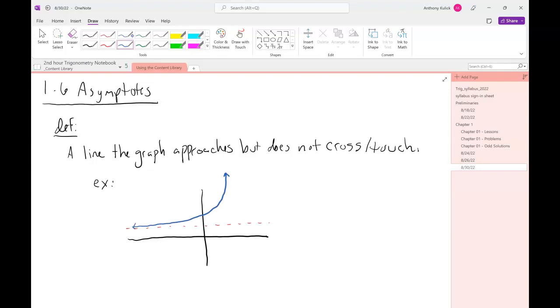So this is an example of an asymptote here. Notice what kind of line this red dashed line is? It's horizontal, right? So we would call this guy a horizontal asymptote.